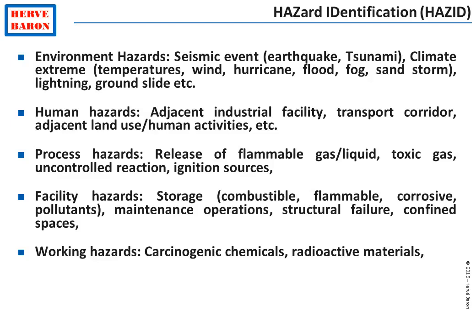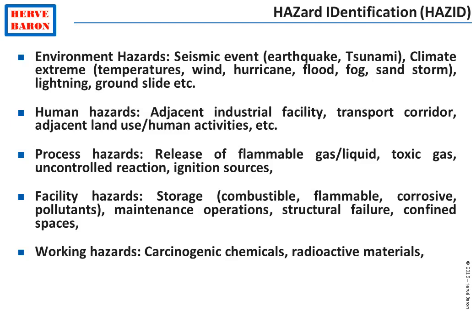The hazards linked to the products that are handled in the plant. The hazards linked to the facility itself, such as large storage tanks or maintenance operations. Finally, the hazards for the working personnel due to the substance being handled.